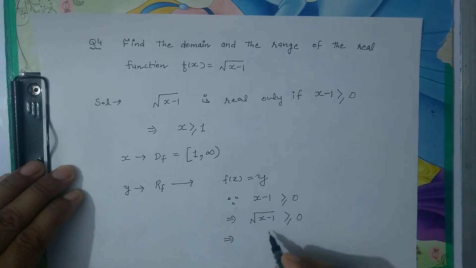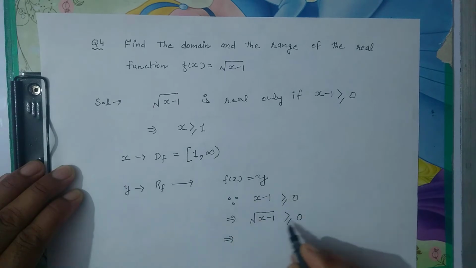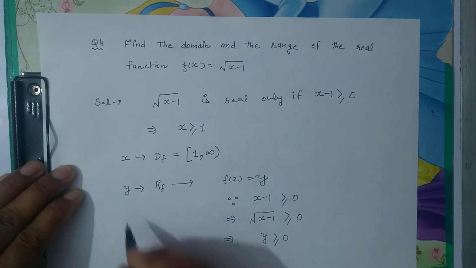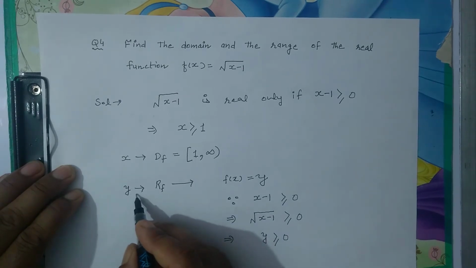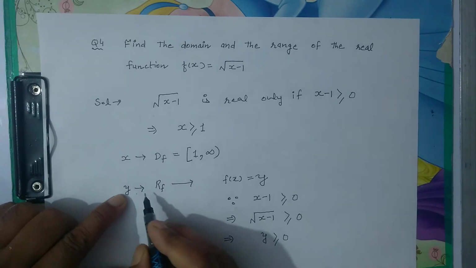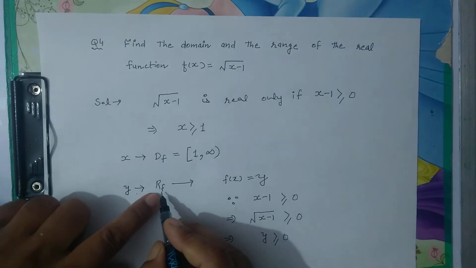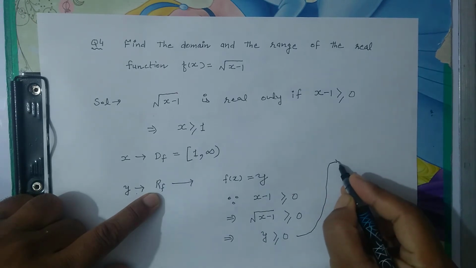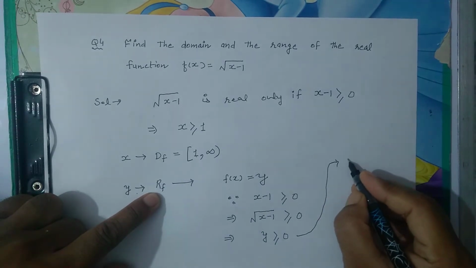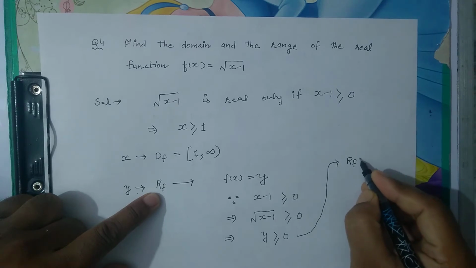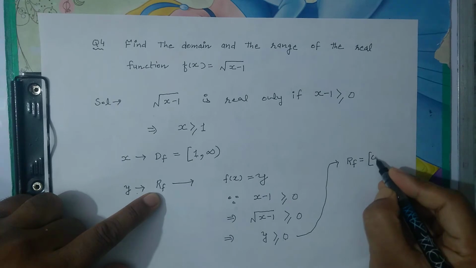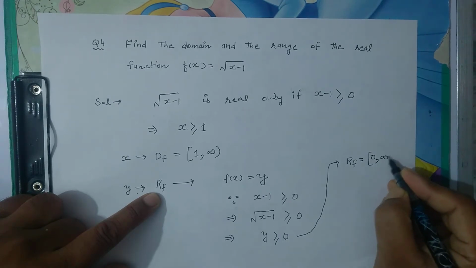This means f of x is greater than or equal to 0, that is y is greater than or equal to 0. So what we have stated here, the value of y is called range of the function. So from here what is the conclusion? Range of the function is equal to starting from 0 to infinity.